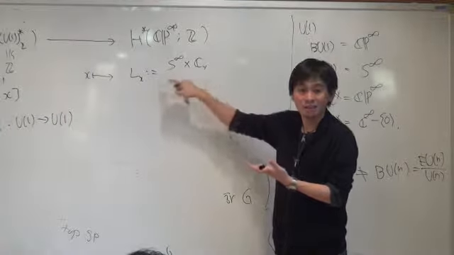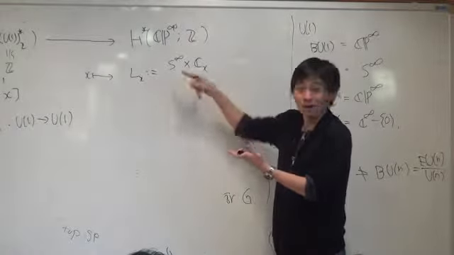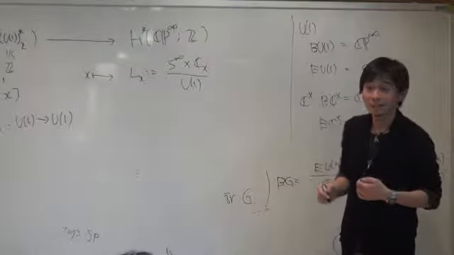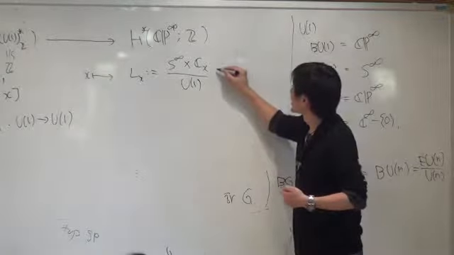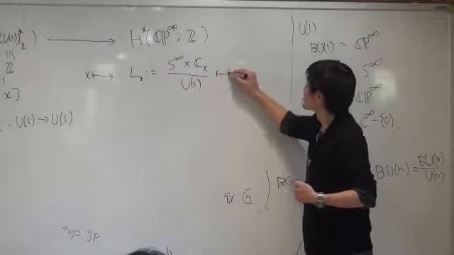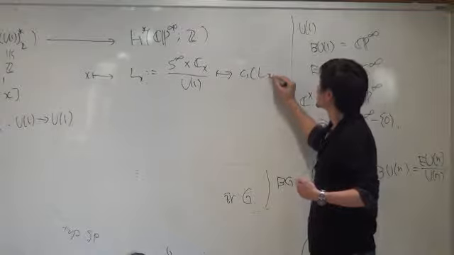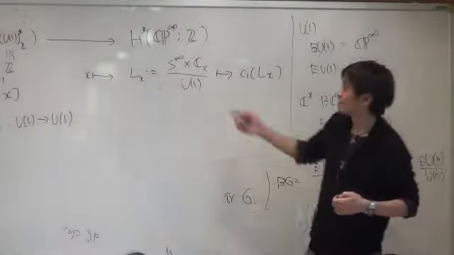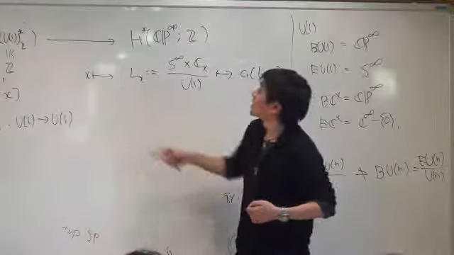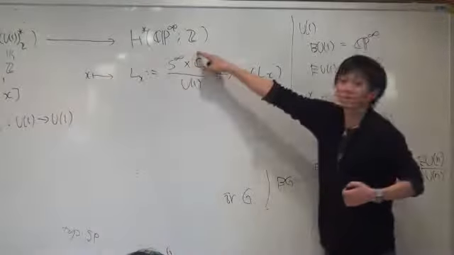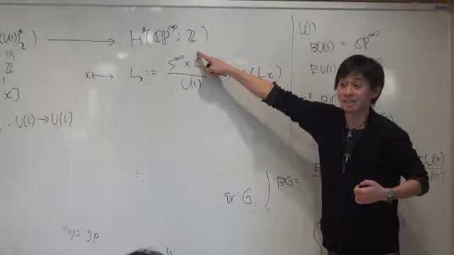This is a trivial line bundle, but there's an action of U1 on both sides, so you take a quotient. This is a line bundle on CP infinity, and you send it to the first Chern class of this complex line bundle. So this defines a natural ring homomorphism from the polynomial ring into the cohomology of CP infinity.